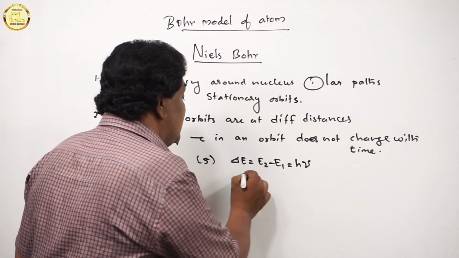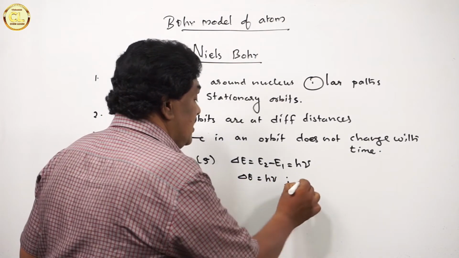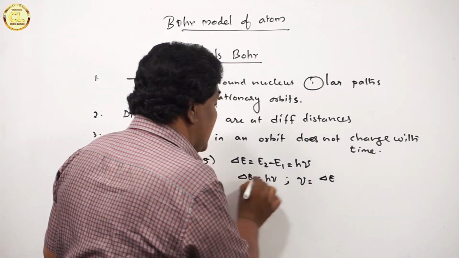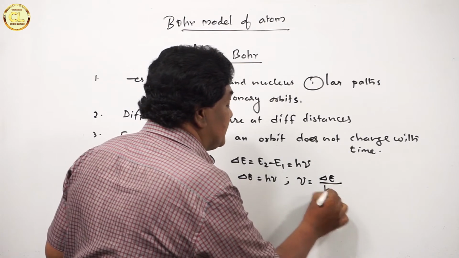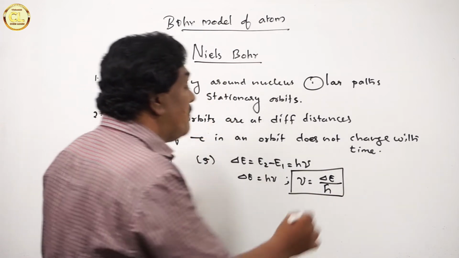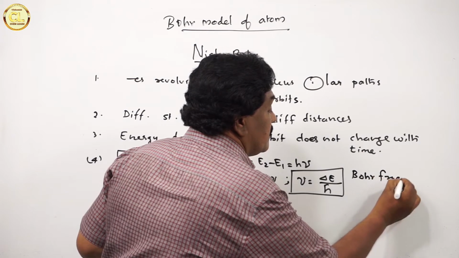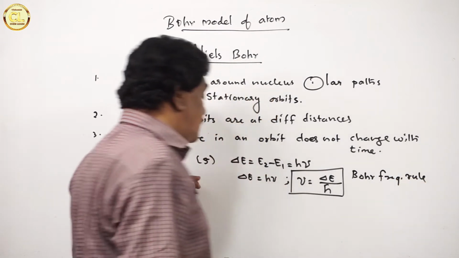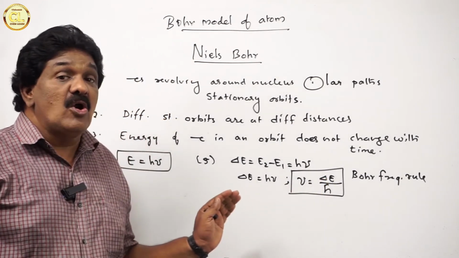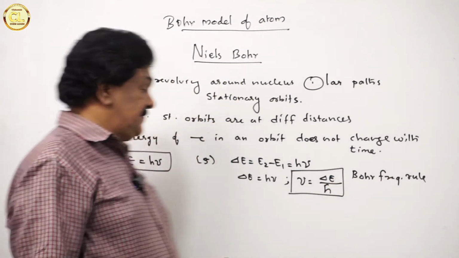So we can say that ΔE = hν and ν = ΔE/h. This equation, ν = ΔE/h, is called the Bohr frequency rule.